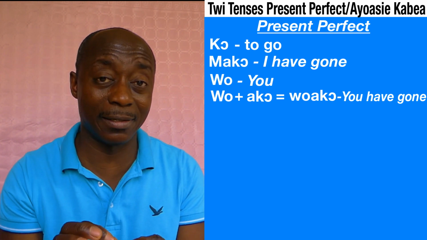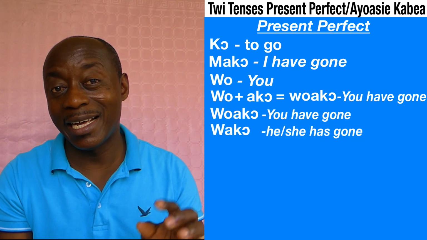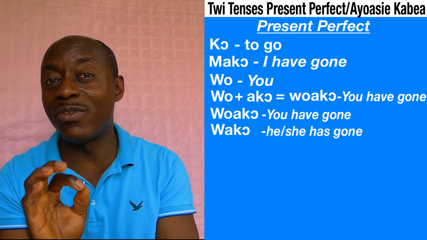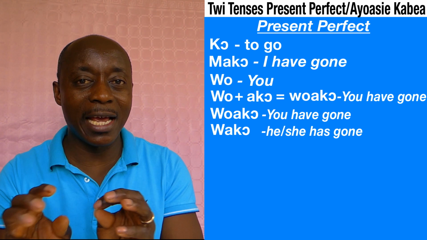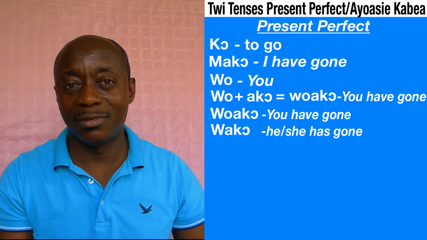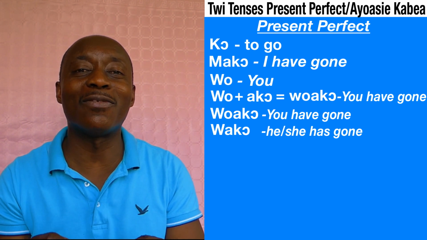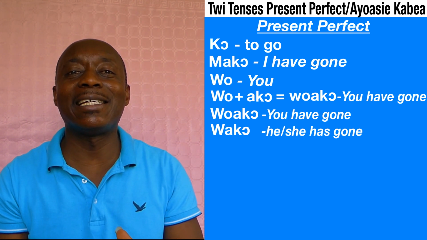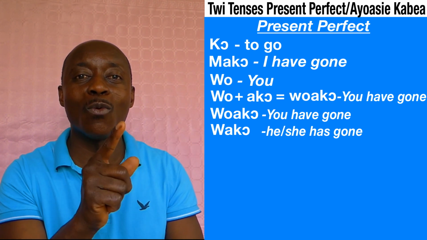Take note of this, because the difference between you have gone and he has gone in Twi is very, very slight. So if you don't take care, you write he has gone instead of you have gone. So take note of that. All that we are saying is that wo plus akɔ will be wakɔ.